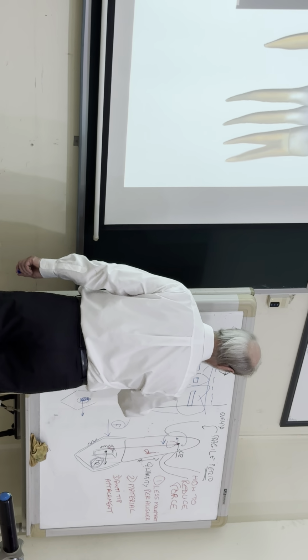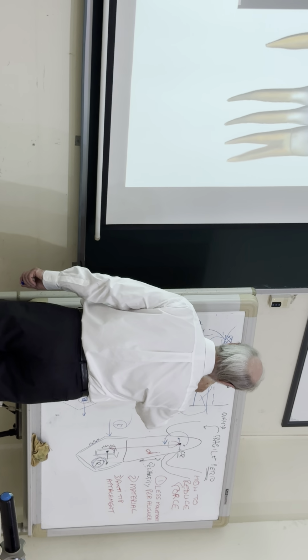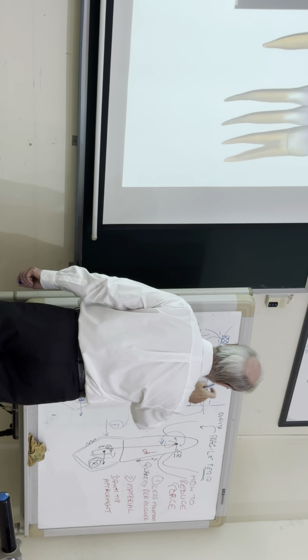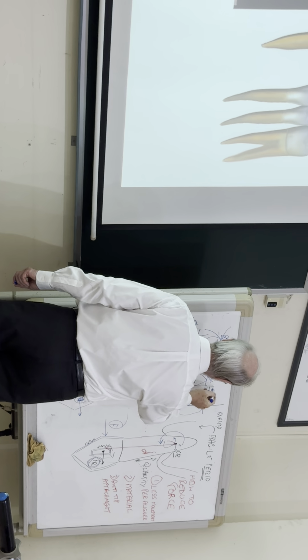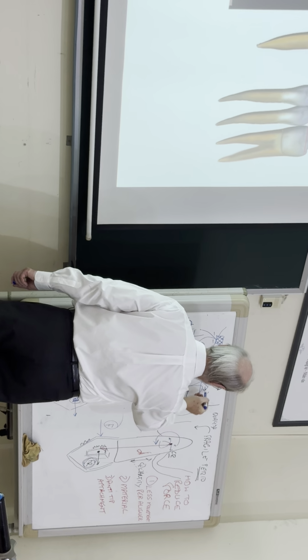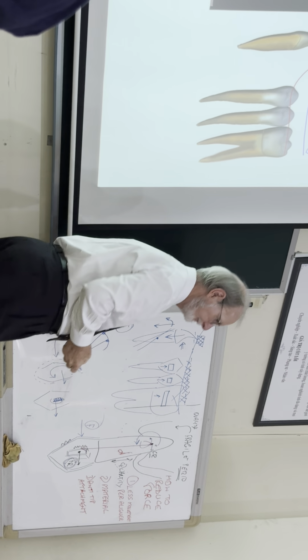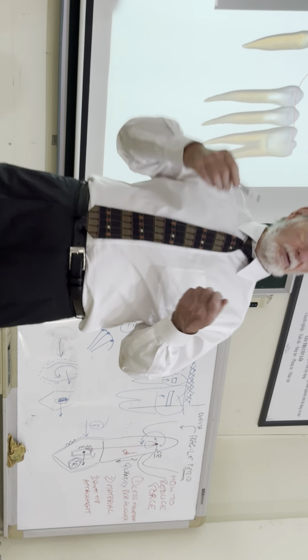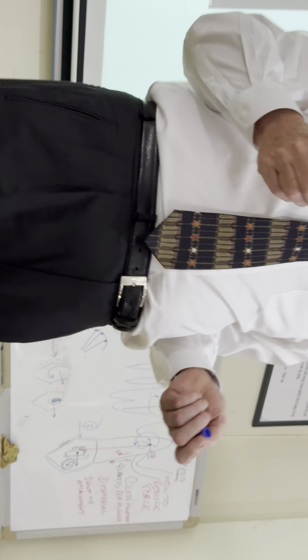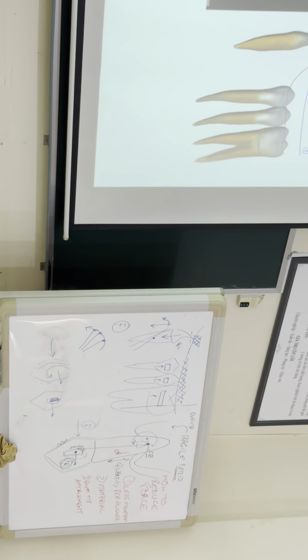You put a force here, a force here, a force here. But you need no occlusion. If you have occlusion, it's not going to work. You have to disclude the case. Then this guy's gone. If you do that, you will level the curve of Spee in no time. If you don't do that, you'll be there in 5 years.